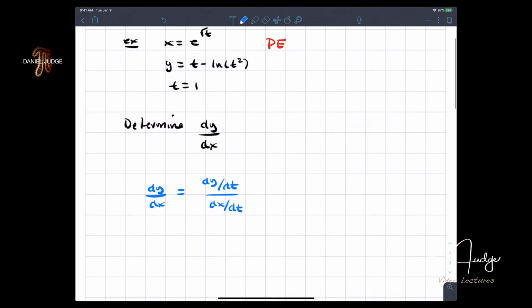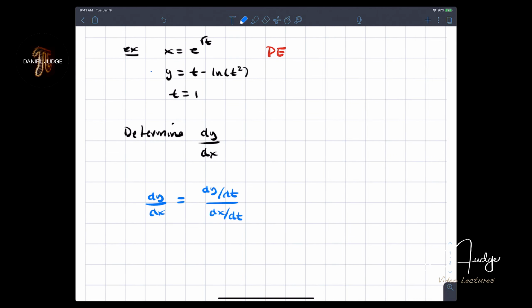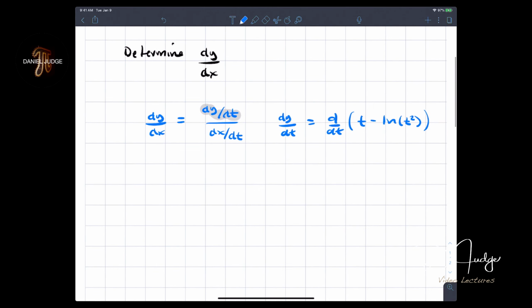Okay, so let's start this off. Now remember, we have to go here and differentiate. We need dy dt. That dy dt is our numerator. So let's put it maybe right here. Dy dt is that derivative with respect to t of t minus natural log t squared, which is going to be d dt.